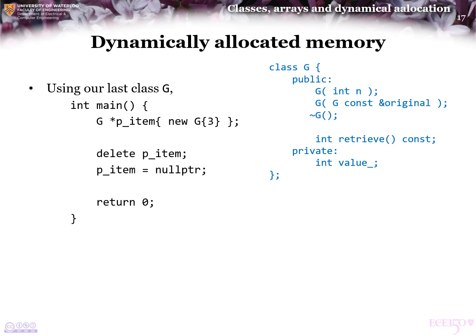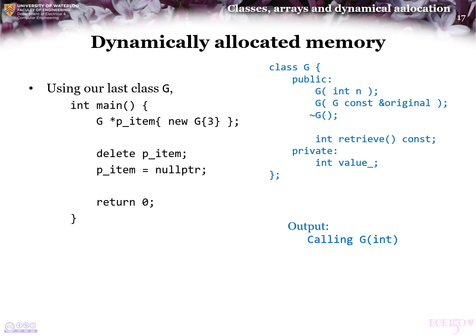Specifically, it stores the address of an instance of the class G. This pointer is initialized with whatever address is returned by the call to new. New makes a request for sufficient memory to store an instance of G. The operating system returns that memory. The compiler then calls the constructor on that memory location with the argument 3. The object is initialized and the address is then returned and p_item is initialized with that value.